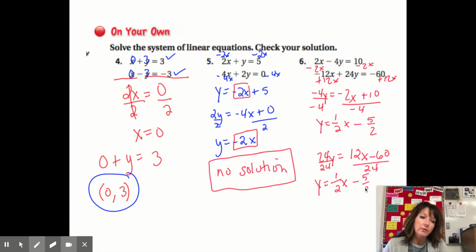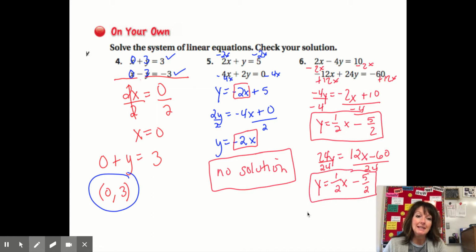So 5 over 2. Now look, I have 1/2 x minus 5 over 2 and 1/2 x minus 5 over 2. It's the exact same line. So infinitely many solutions.